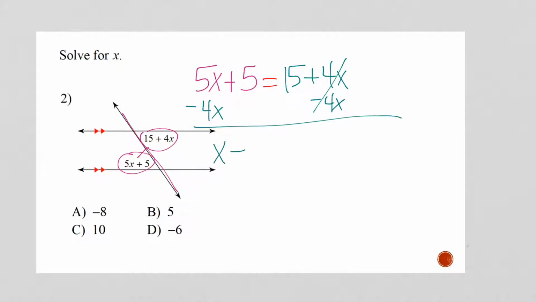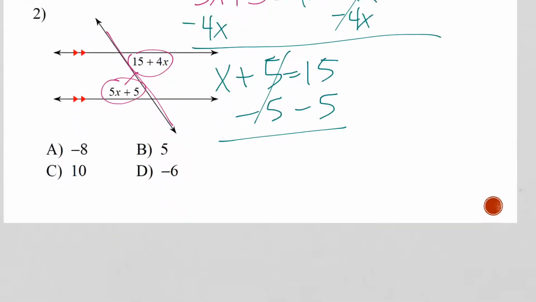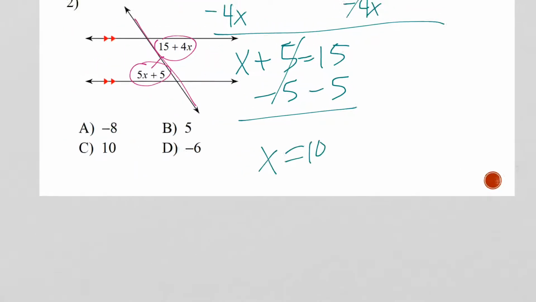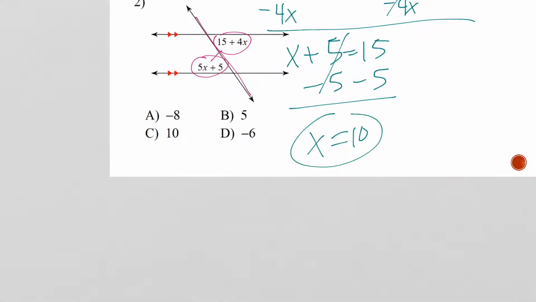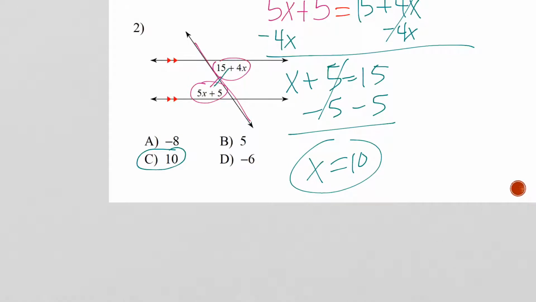So you get 1x plus 5 is equal to 15. Subtract 5 to both sides of your equation, and you end up getting 10. So x has to be 10 so that both angles can be congruent. And you can check this by substituting. If you substitute 10 in for both of the x's, you should be getting 55.